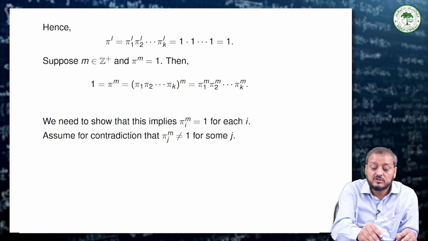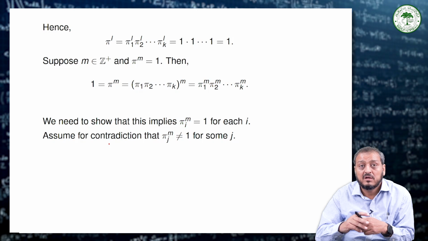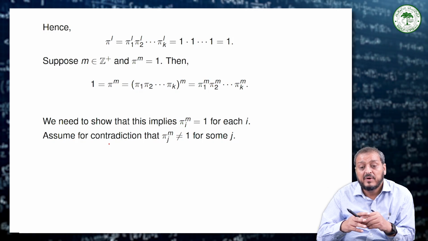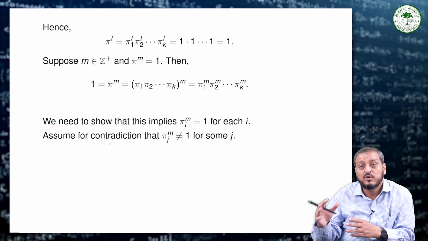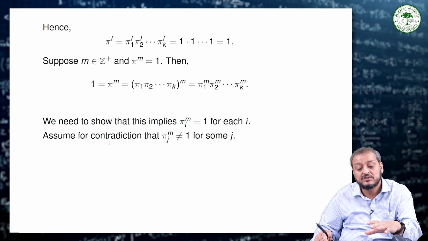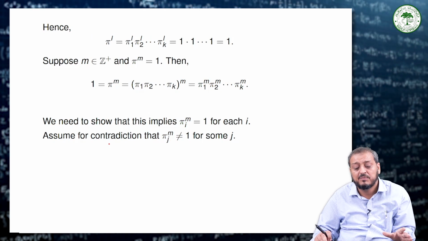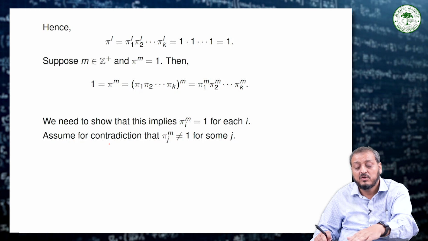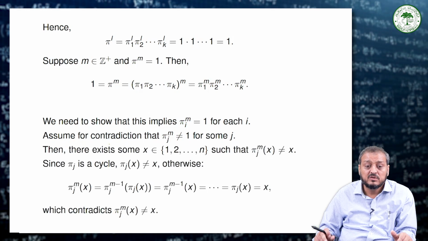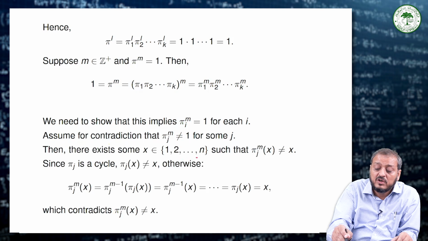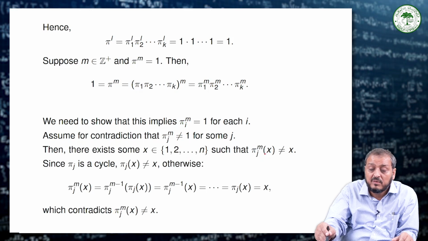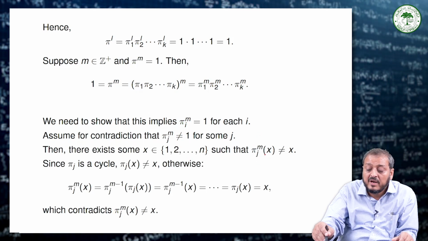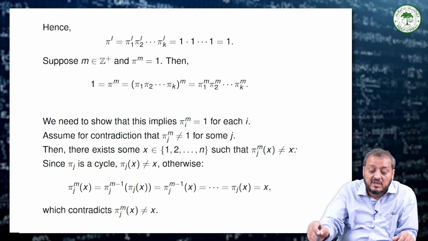So we assume for contradiction that πj to the power m is not equal to 1 for some j. Then there exists some x in 1 to n such that πj to the power m of x is not equal to x.